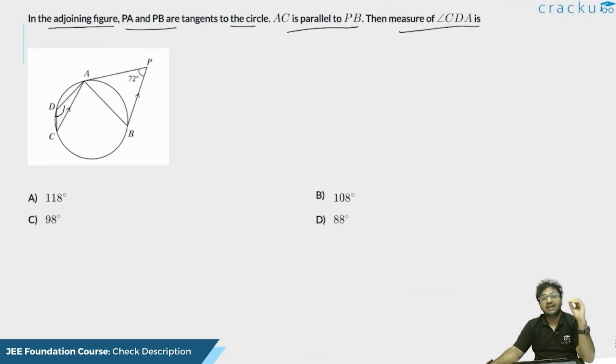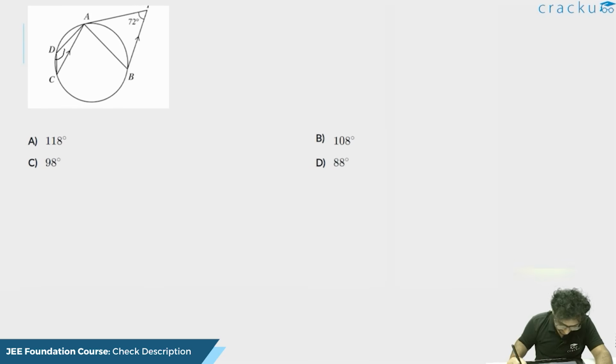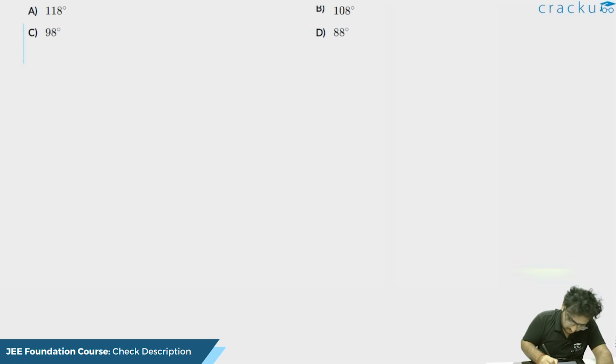So whenever tangents are given, I will try to connect tangents to radius. There might be various methods to solve this question, but what I usually prefer is to join the radius and tangent. Why? Because I know that tangent will form 90 degree at the center. So let us draw this diagram again.